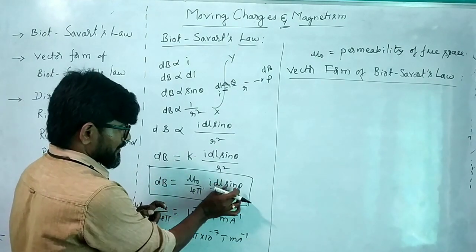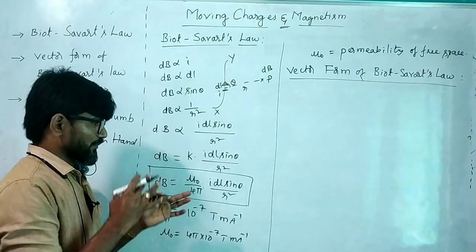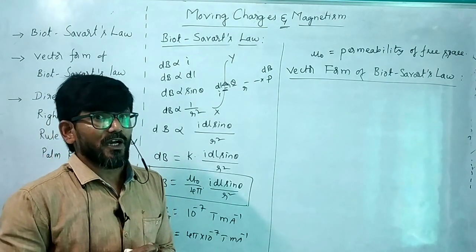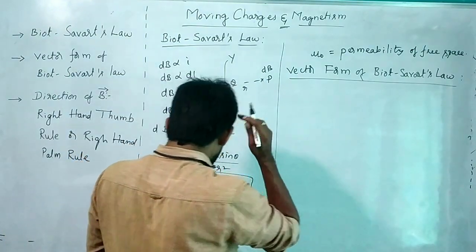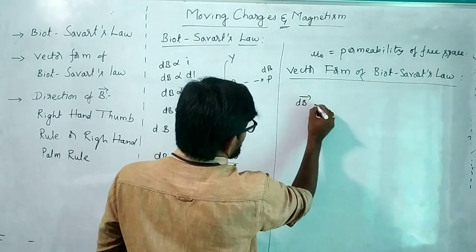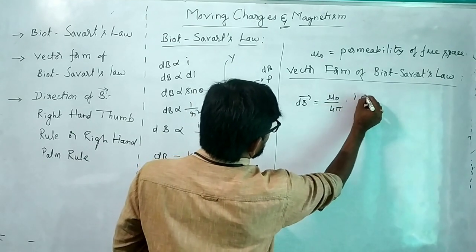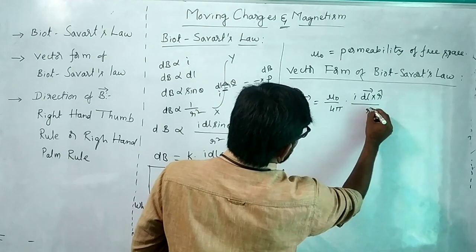Whenever you observe a sin theta form in a product relation of scalar and vector, you have to think that it can be expressed in cross product form. So by keeping that in mind, you can rewrite this as dB bar is equal to mu naught by 4 pi into I dl bar cross r cap by r square.